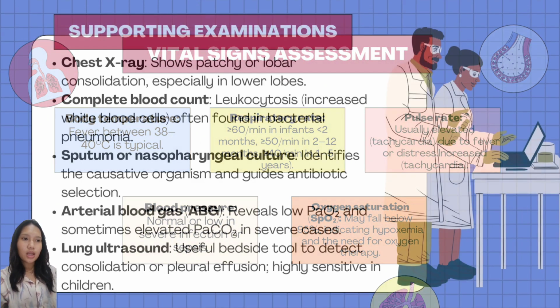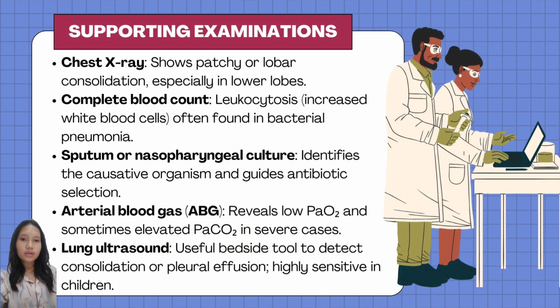Okay, supporting examinations. First is chest X-ray, which shows patchy or lobar consolidation, especially in the lower lobes. Second is complete blood count: leukocytosis, an increase in white blood cells, often found in bacterial pneumonia. Third is sputum or nasopharyngeal culture, which identifies the causative organism and guides antibiotic selection.